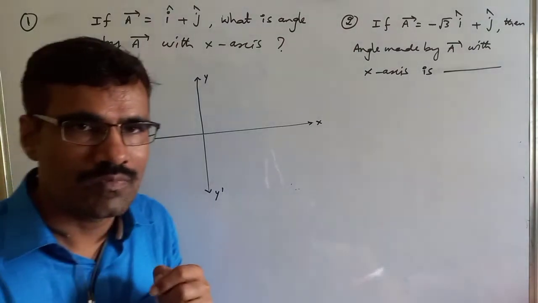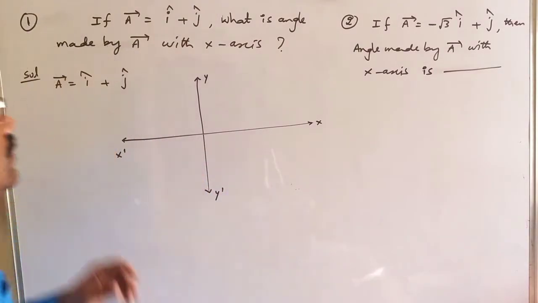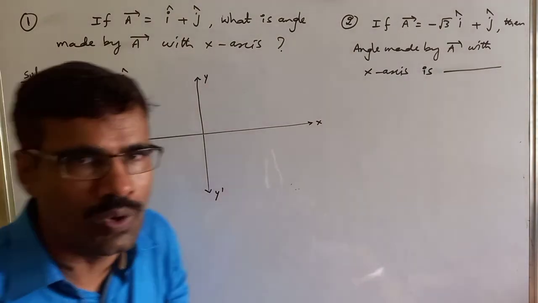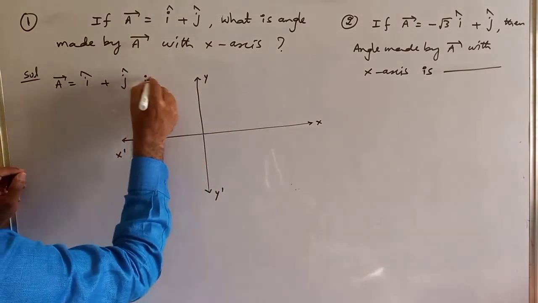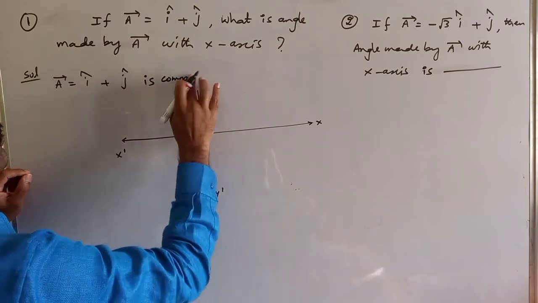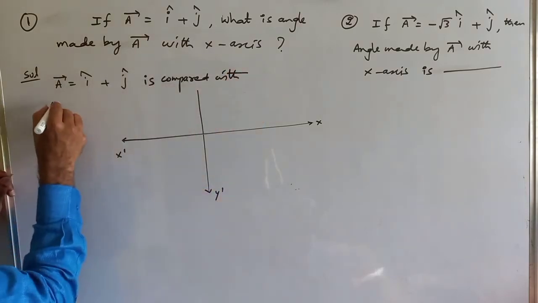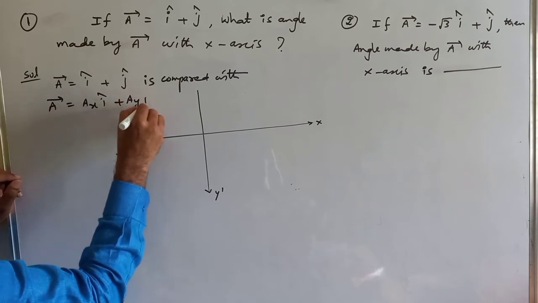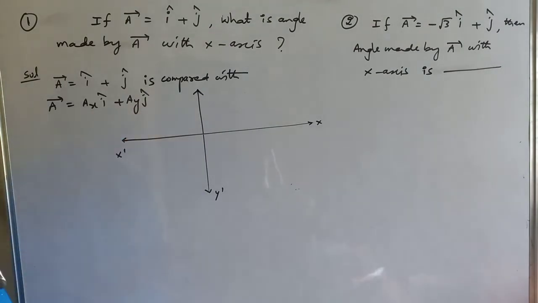What is i cap? The unit vector along the x-axis. j cap is the unit vector along the y-axis. The actual formula is A bar equal to Ax i cap plus Ay j cap, so we compare it with that.